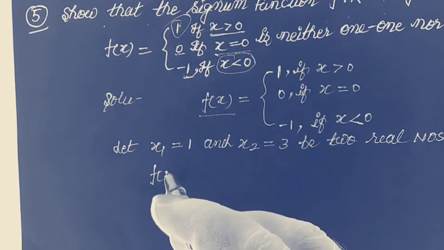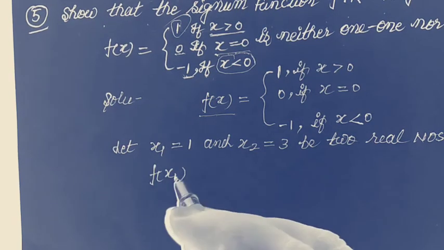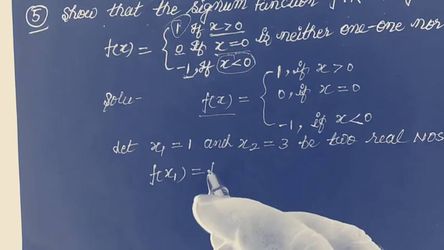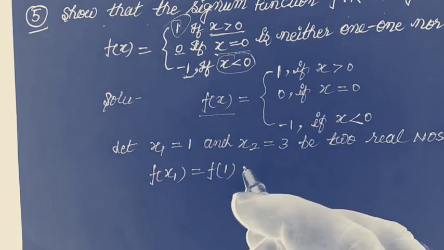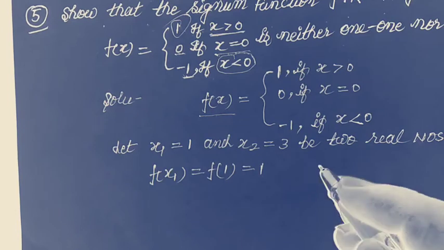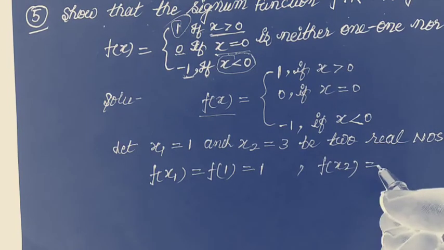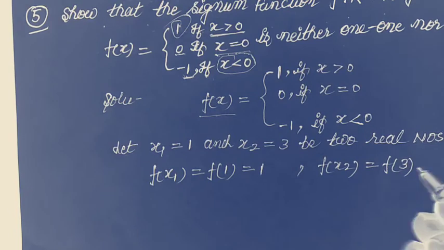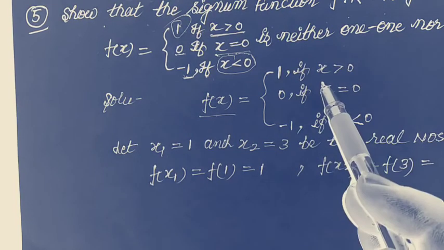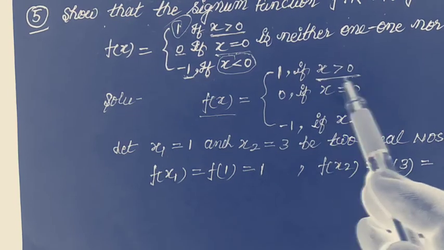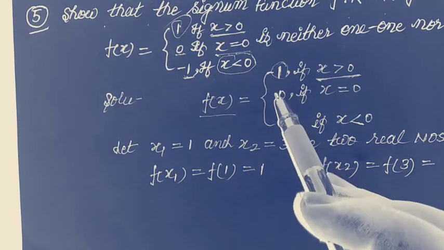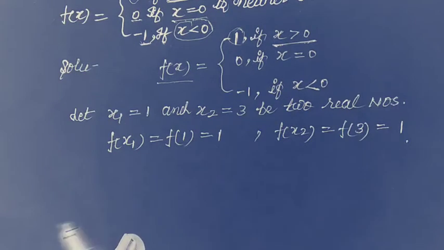If we put x1, which is 1, then we get the value 1. If we put x2, and the value of x2 is 3, we will get 1, because the value for x greater than 0 must be 1. It is given here, isn't it?